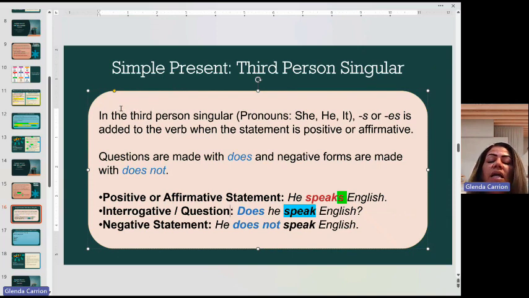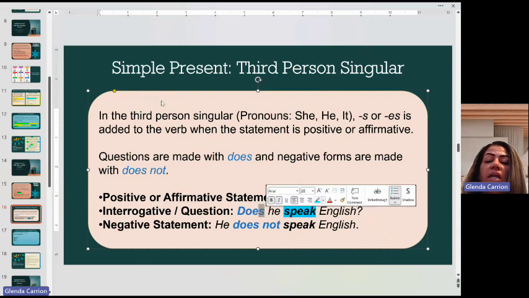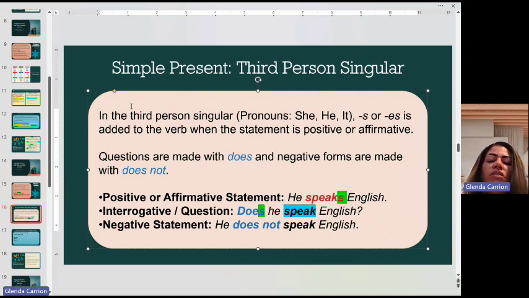Notice that it doesn't say, does he speaks? No. Why not? Because you already have the S right here. That S that we added at the verb is right here in the auxiliary verb, so you don't need to repeat it, okay? So he speaks English. Does he speak English would be the question, and he does not speak English would be the negative.